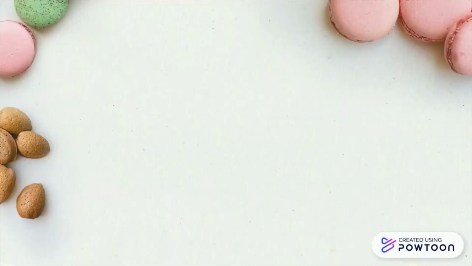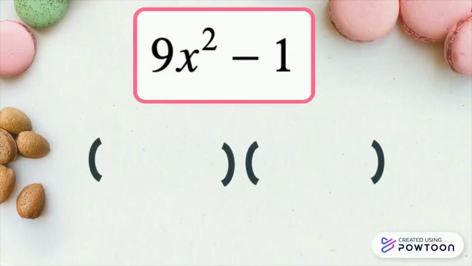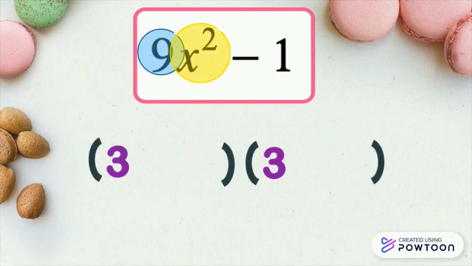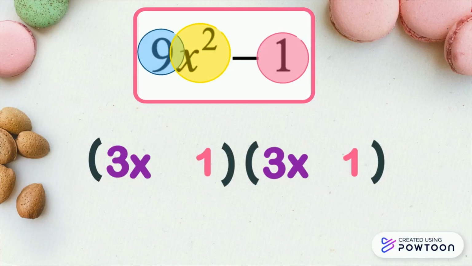Let us check this one. Square root of 9 is 3. Square root of x squared is x. Square root of 1 is 1. The factors are quantity 3x plus 1 times quantity 3x minus 1.